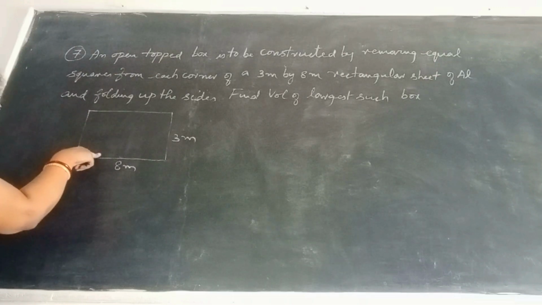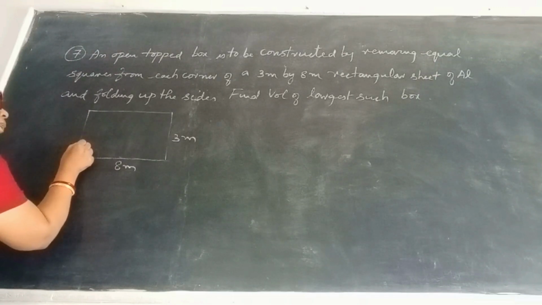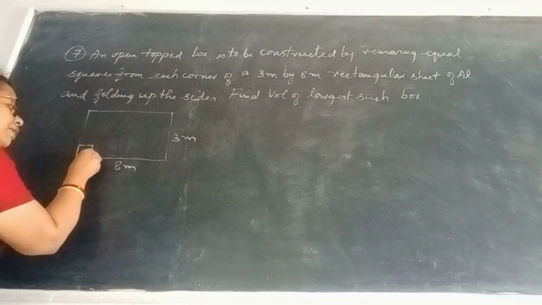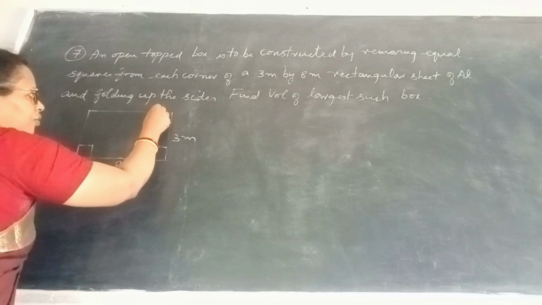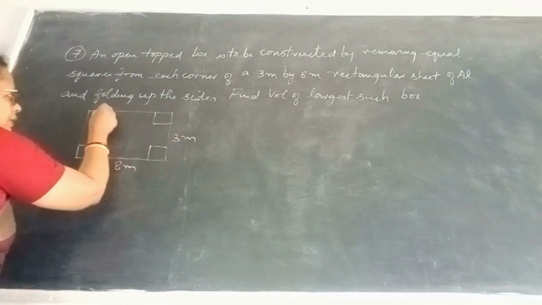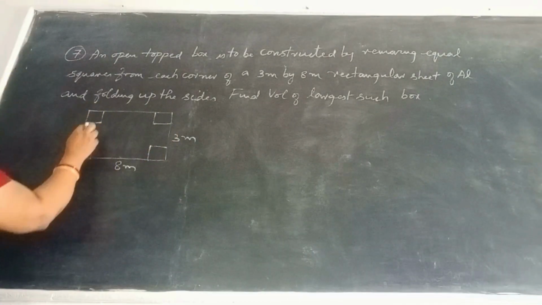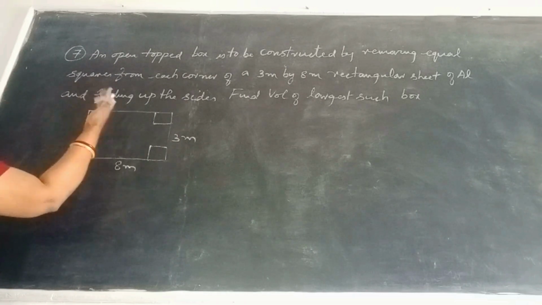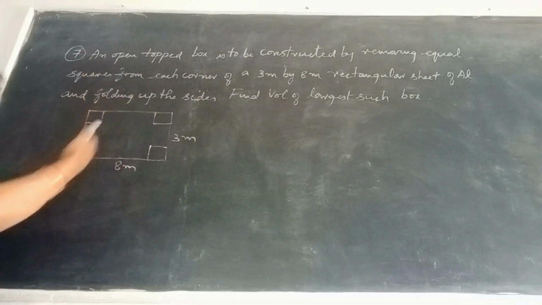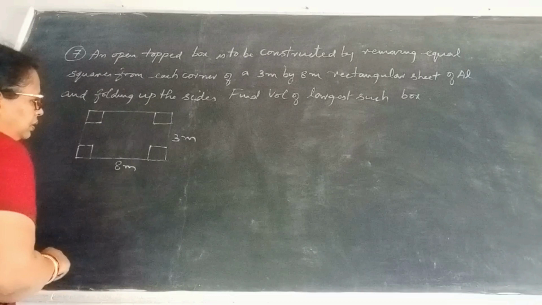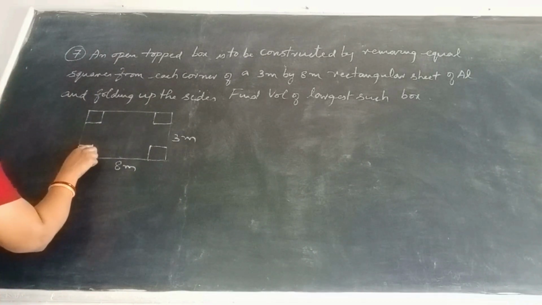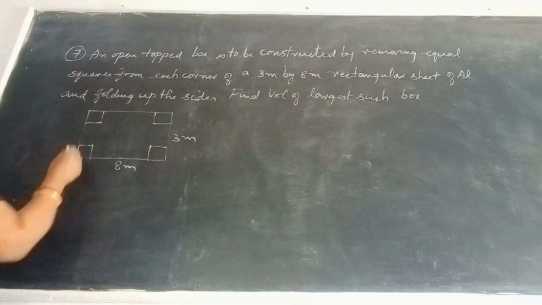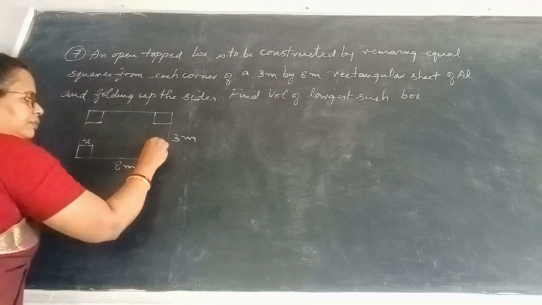How can this be made into an open box? From each corner, a square is cut off, and the remaining portion is folded up to make a box. We don't know the length of the square cut off. Let us take it as x.